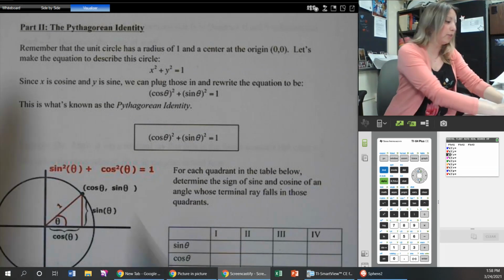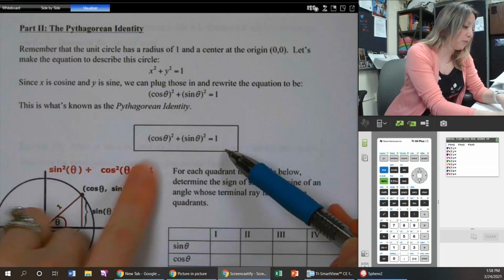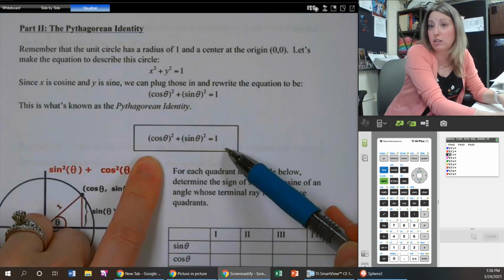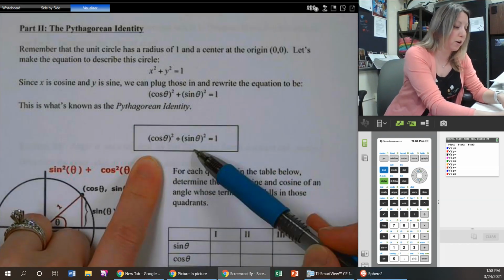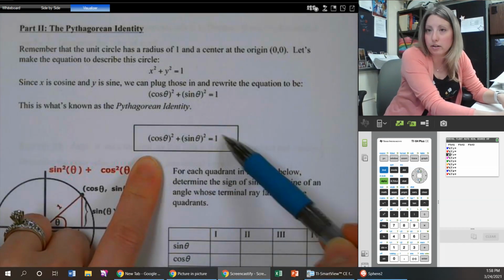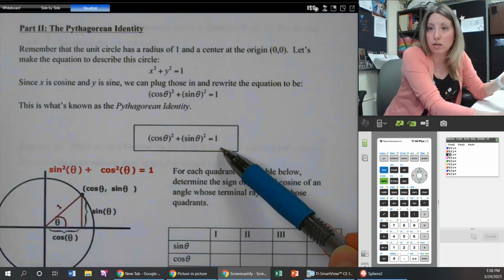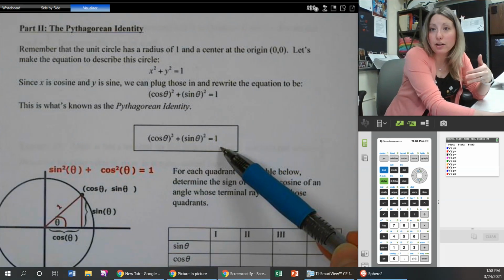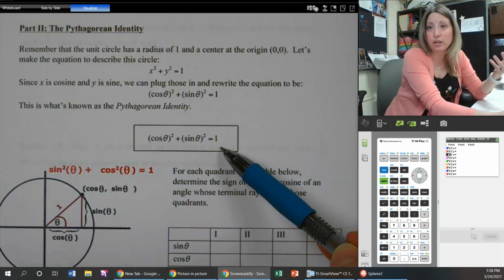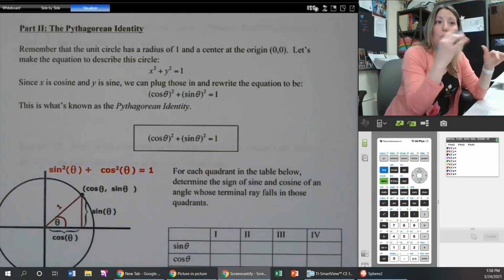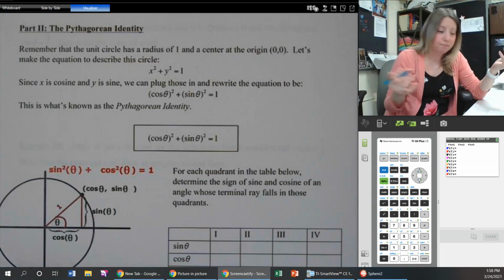Okay, so that's why I titled this section that. This is known as the Pythagorean identity because this is the Pythagorean theorem, right? A squared plus b squared equals c squared. C squared is 1 squared, which is 1, your hypotenuse side. We call this the Pythagorean identity because of the Pythagorean theorem being used here with our trig identities. Okay?